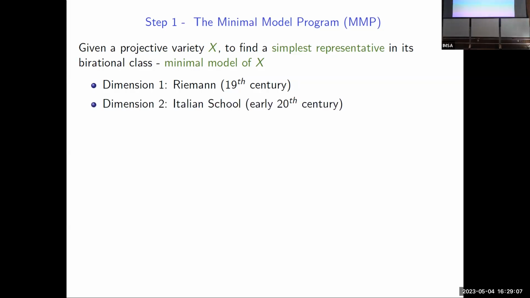Now, in dimension 2, we have seen that you can actually blow up surfaces, and in this way you get new surfaces. So here we really do have many non-isomorphic birationally equivalent surfaces in the same class. But the first step of the classification problem can be carried out, and this was developed by the Italian school and finished by the early 20th century. It turns out that for surfaces, blow-ups are the only operations that one needs.